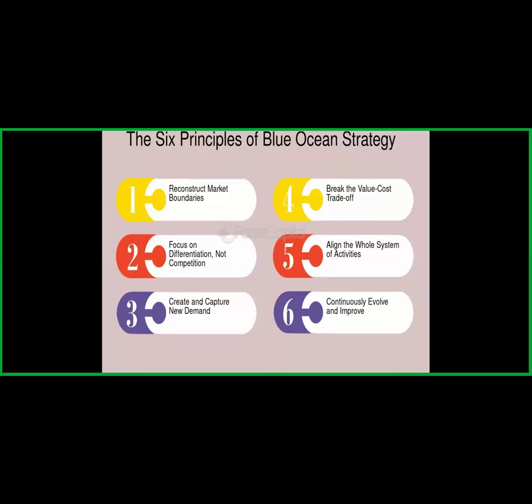Third one is create and capture new demand. Create new demand and then capture new demand. People were thinking that yes, Airbnb is now the ultimate destination, that we are getting the best facility at a cheaper rate and in the vicinity. Then came these pod hotels.